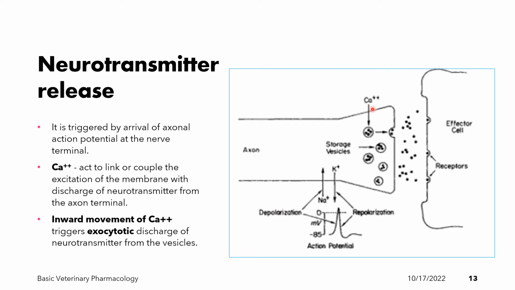Calcium ions then enter the cell by their electrochemical gradient, and this triggers the synaptic vesicle to move towards the end part of the axon terminal. The synaptic vesicle fuses with the protein present in the axon terminal and induces the release of the neurotransmitters towards the synaptic cleft.